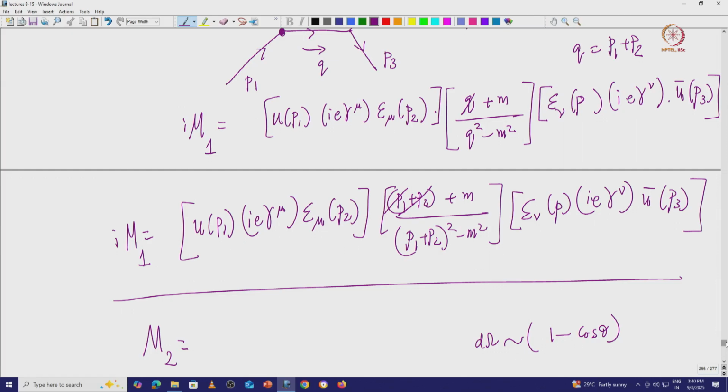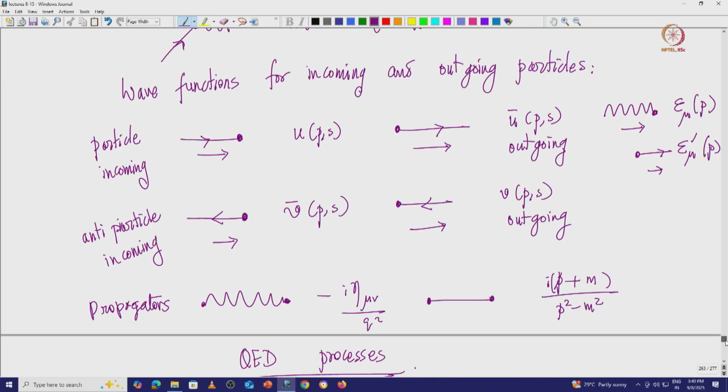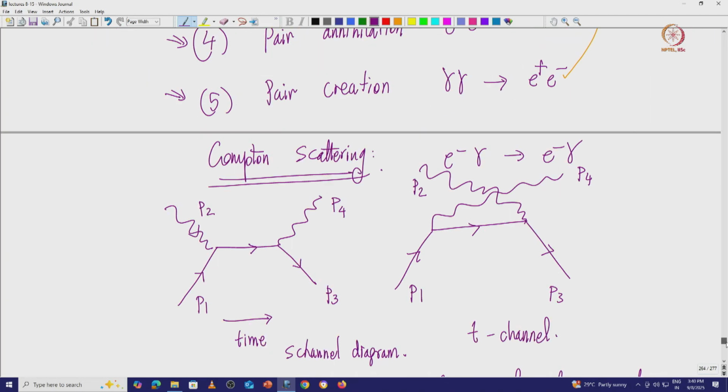Similar amplitude you can write down for the T channel diagram, which is given in terms of P4 minus P1, and for the propagator, assign momenta properly essentially, and Q is equal to P4 minus P1 squared, Q is equal to P1 plus P2 squared.